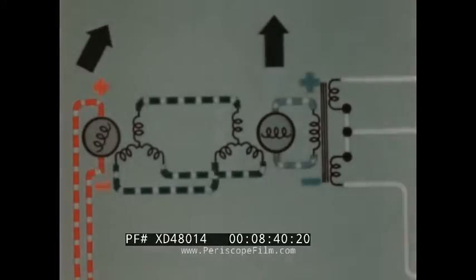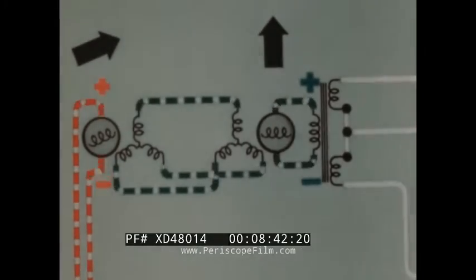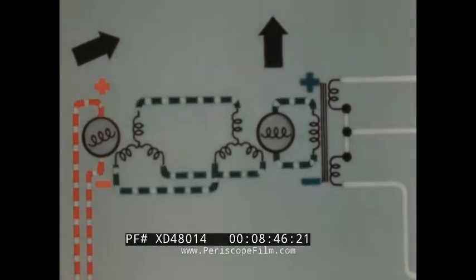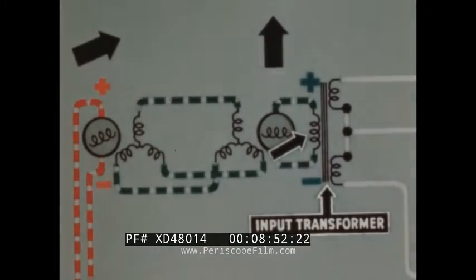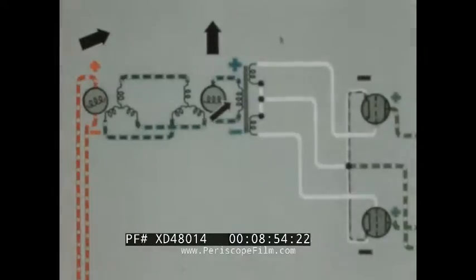When the sight is moved, a signal voltage from the Selsyn receiver is sent to the primary of the input transformer in the amplifier. This transformer divides and proportions the signal voltage for application to the vacuum tube grid. Note the polarities of the voltages on the grid.